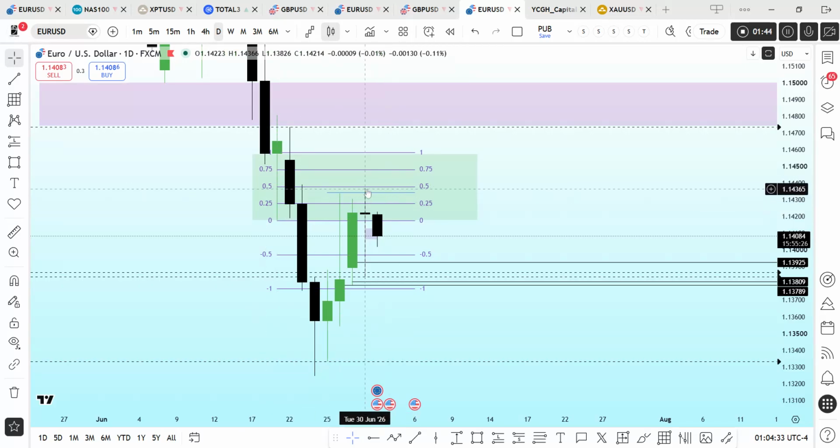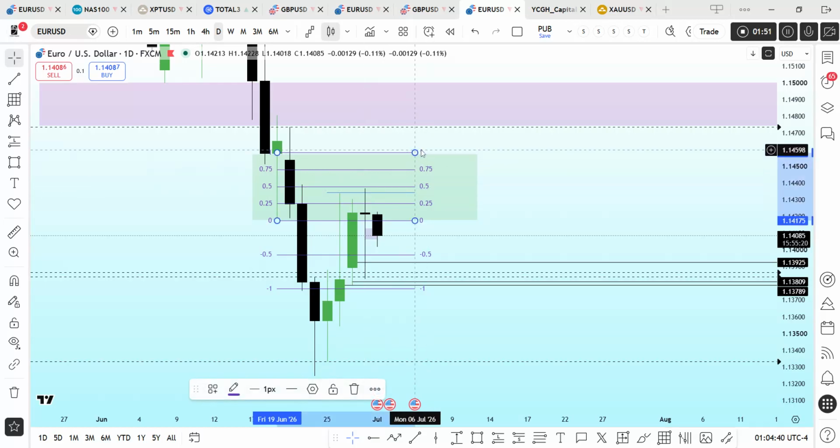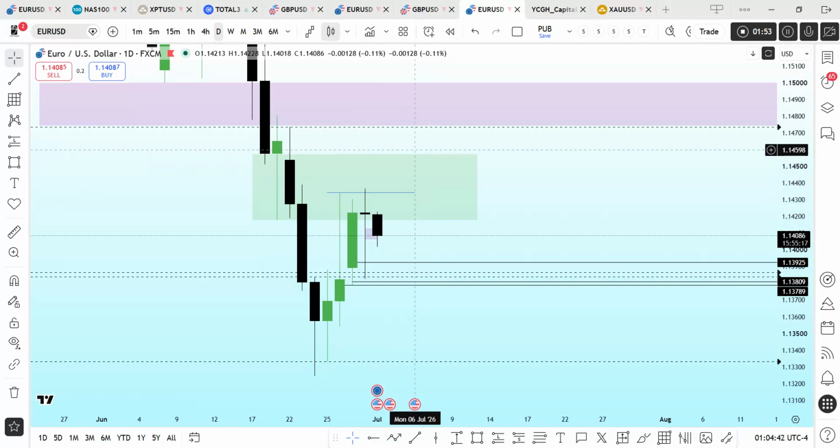Whether you consider it an order block or a gap, basically it is a daily bearish PD array. So daily we are completely bearish.